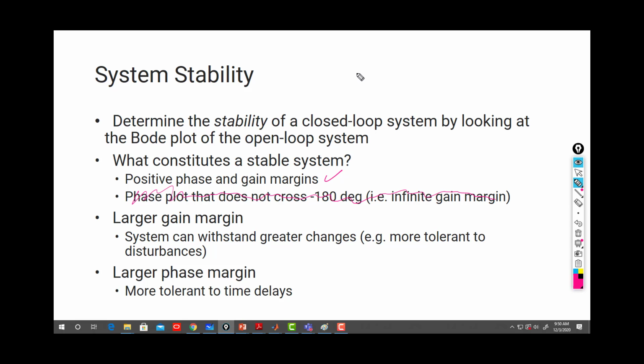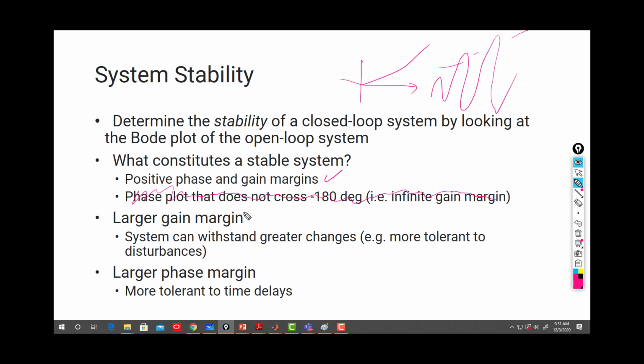In the time domain, by looking at the plot, I can understand that this system is unstable, or this system is unstable. And in the Bode plot, how can I know the stability? By looking at the phase and gain margin. If they are positive, then the system is stable.